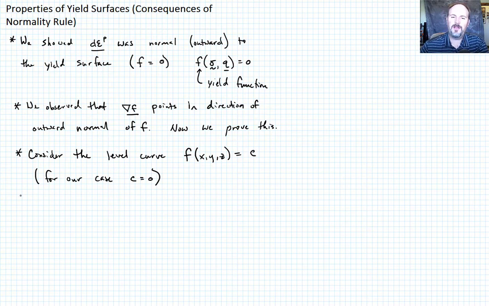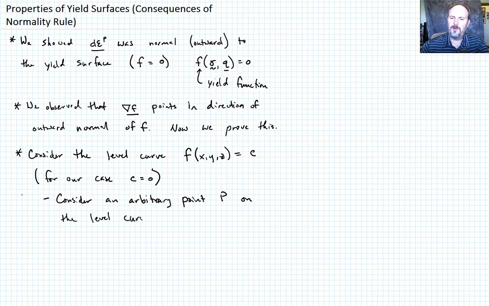We're going to consider an arbitrary point P on this level curve. If we represent that arbitrary point P, we would say that P is equal to the point x naught, y naught, and z naught, somewhere on that level curve. Now, we need to parameterize this curve in order to develop our proof.